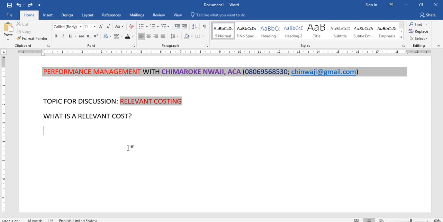So any cost item, if considered, would give you relevant things for decision making, or let's say different variables. When you consider that item, it gives you different results. That item is a relevant cost.